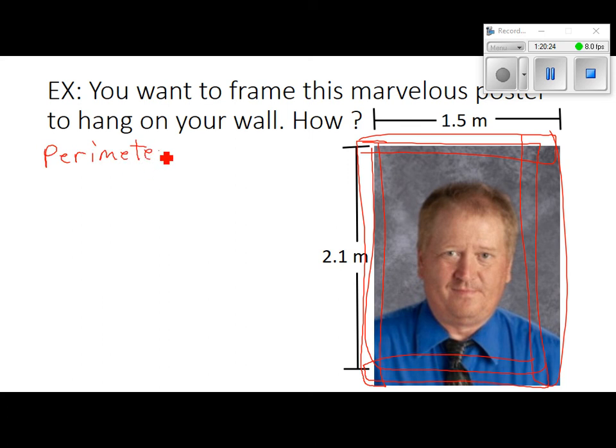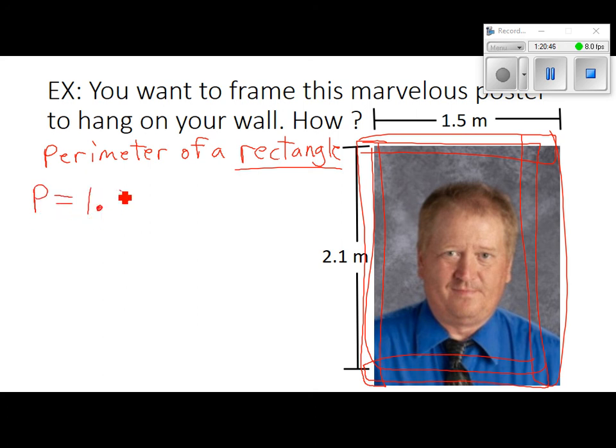And we're finding the perimeter of the picture, which is a rectangle. So we're using that geometrical shape, a rectangle, to model so that we can figure this out. All you're going to do to find the perimeter of this rectangle is add up all the sides.